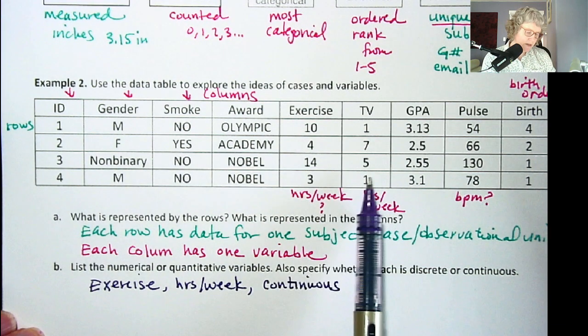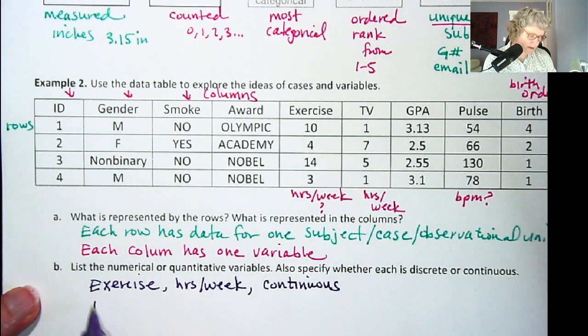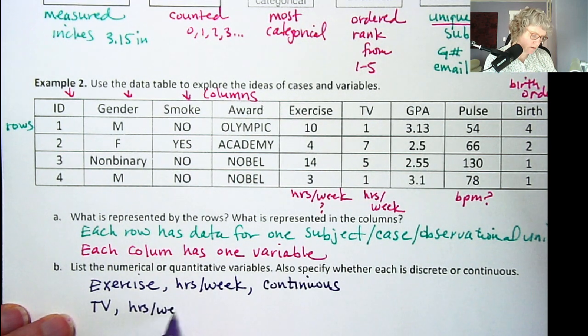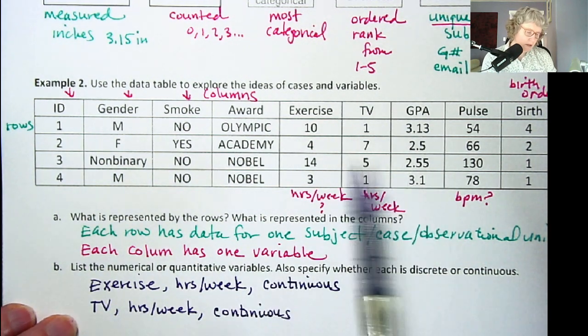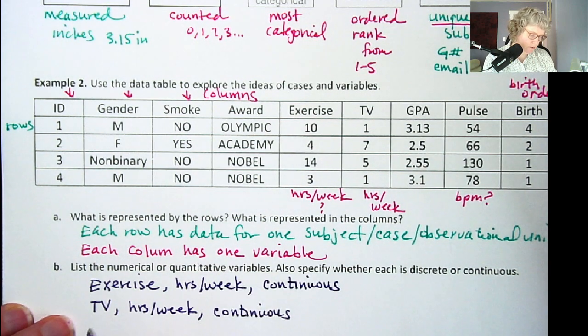Okay, so exercise. Now TV is going to be similar to that, right? Because it's a very similar hours per week. Are we only counting full hours? Then we could maybe say it's discrete, but theoretically it could be any number of minutes converted into hours. So I'm going to say continuous as well. Okay, GPA. That is also numerical. And GPA kind of is its own units, or it's its own special thing.